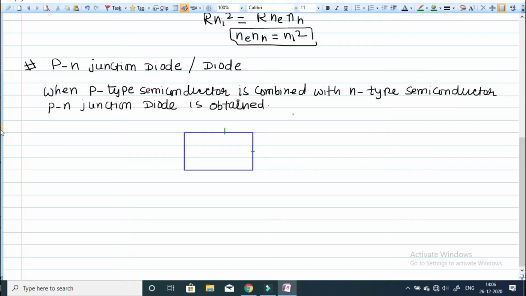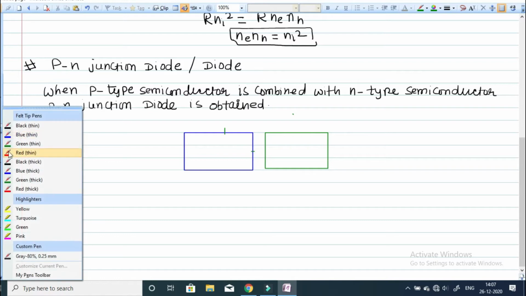When p-type semiconductor is combined with n-type semiconductor, a PN junction diode is formed.